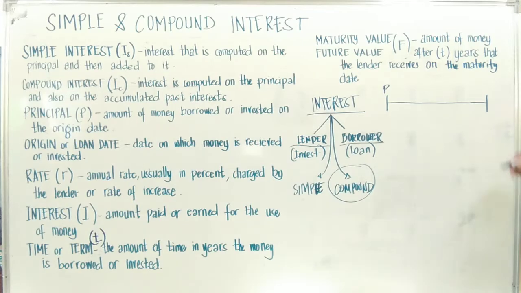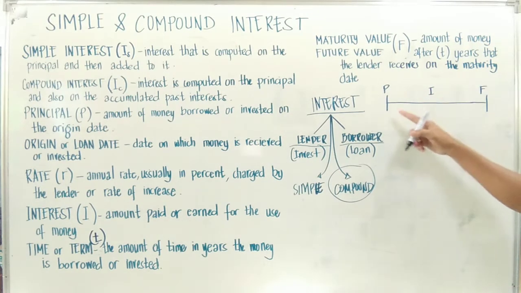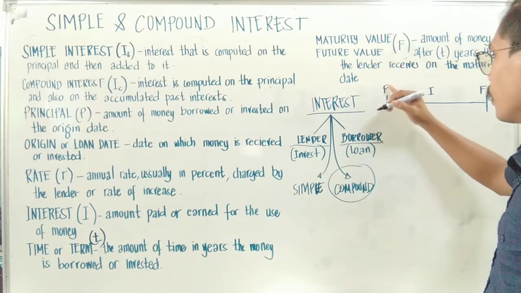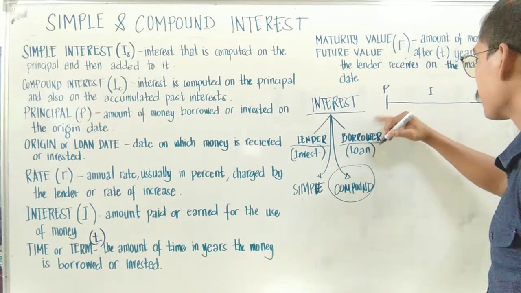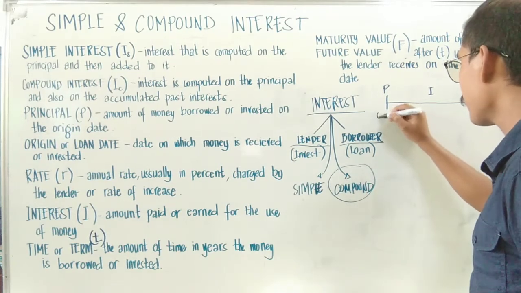The money you will pay, or the total amount of money you will earn, is your future value or maturity value F. In between your principal and your future value or maturity value is your interest. So you will receive your principal, or you invested your money, on the origin date.